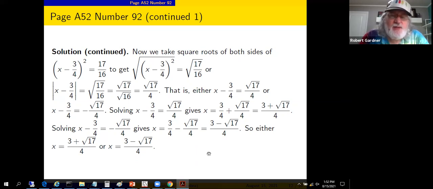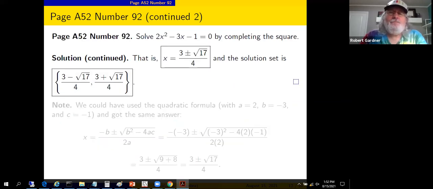Let's play with this a little bit more. So combining, as I said, we get x equals 3 plus or minus the square root of 17 over 4 is the two solutions. If you'll let me combine them with a plus or minus, if I write it as a solution set, I'll separate them out. Here's the lesser, here's the greater, and there's the solution set.